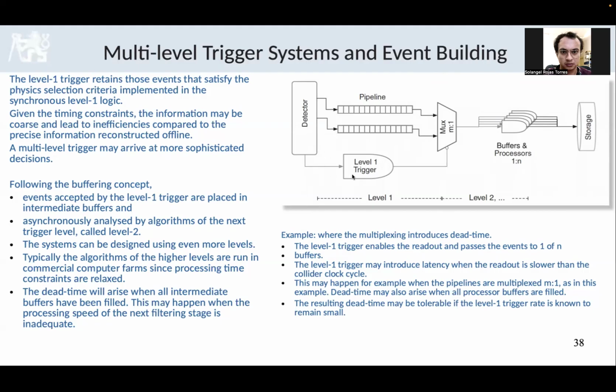You have some detector, some pipeline here, and then you have a multiplexer that orders the information, and then you have a trigger level that activates the multiplexer.